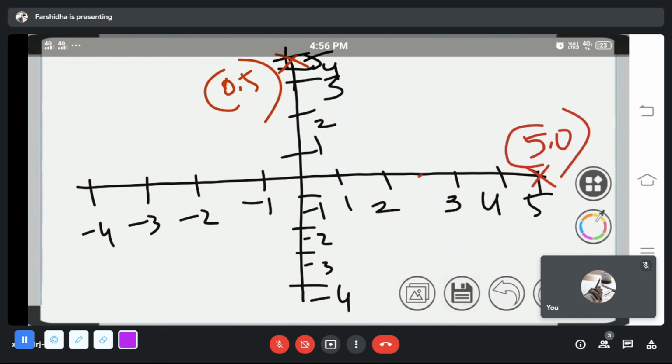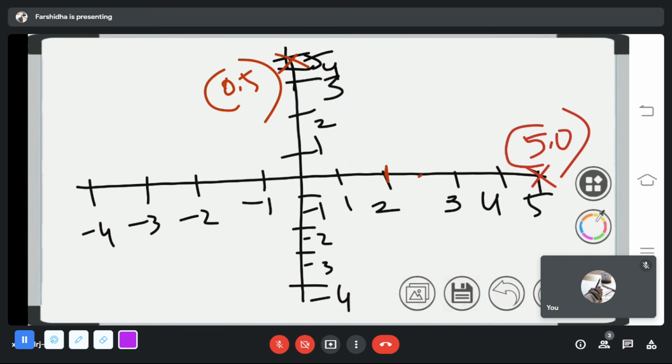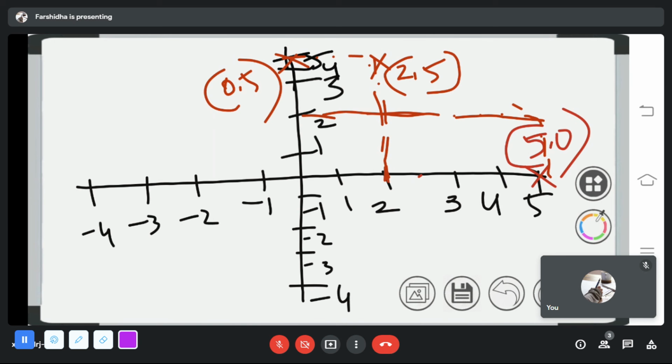Now (2, 5): 2 on the x-axis, 5 on the y-axis, somewhere here. (5, 2) is the reverse: 5 on the x-axis, 2 on the y-axis, somewhere here. Same way you can do everything.